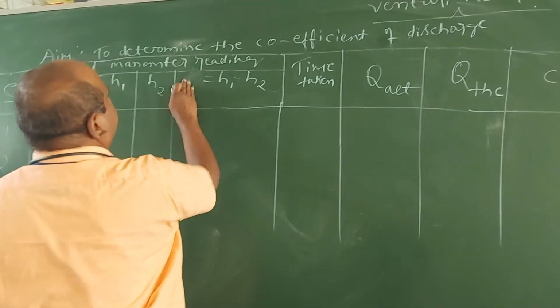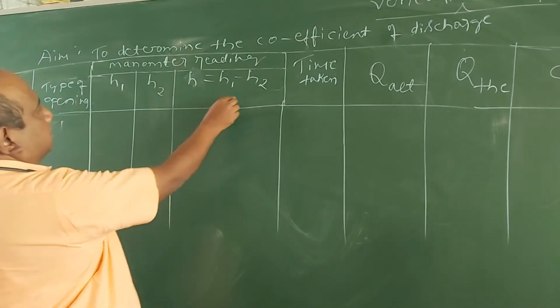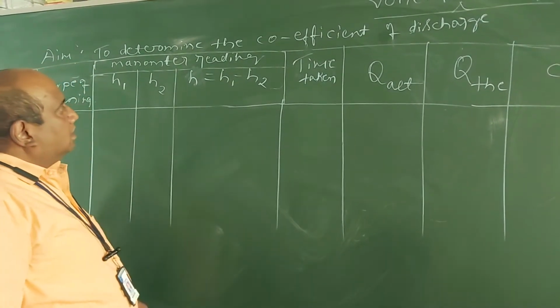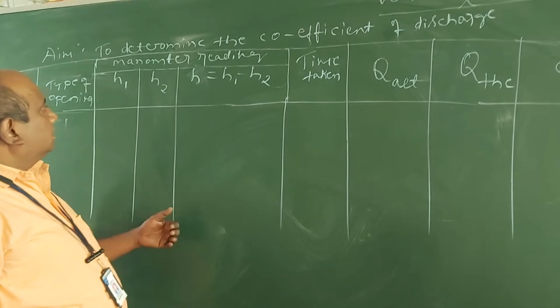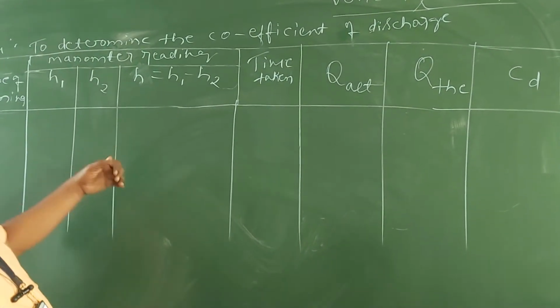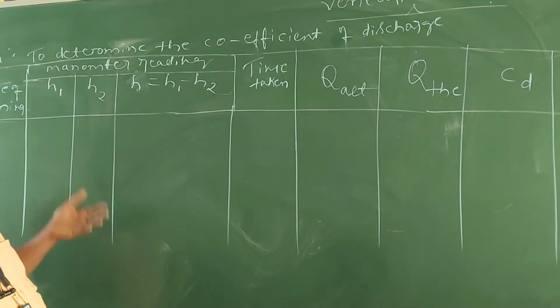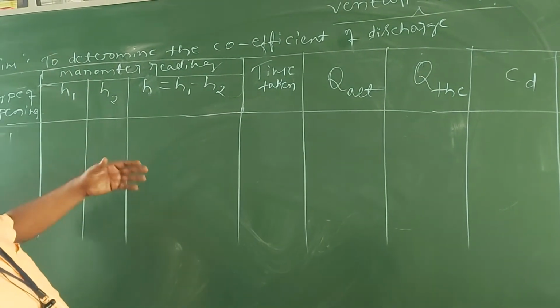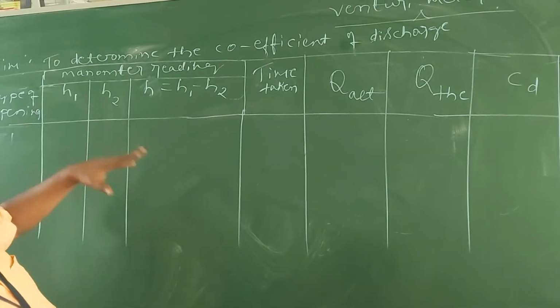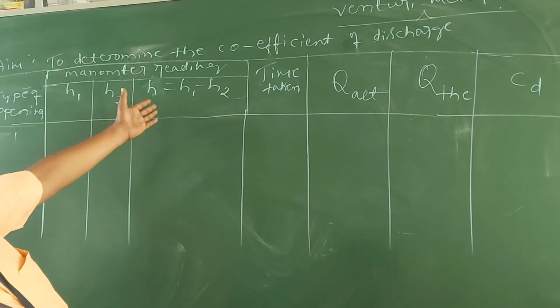The difference of H1 and H2 gives us the manometric head. First we need to notice the rise of water level in the manometer on either side, H1 and H2, and once you take that down, the difference will give you the manometric head.